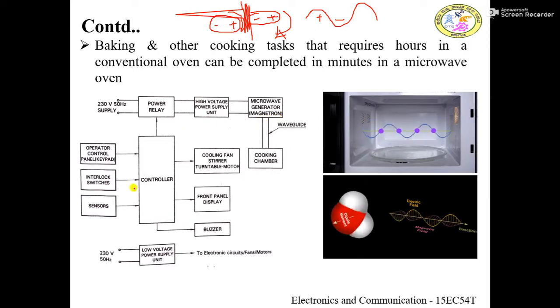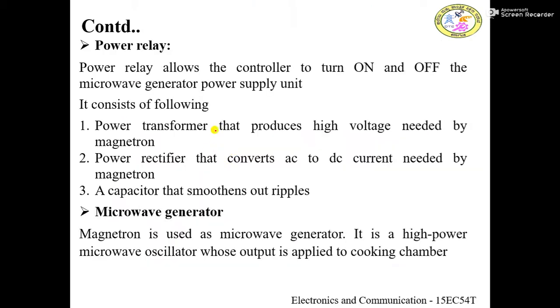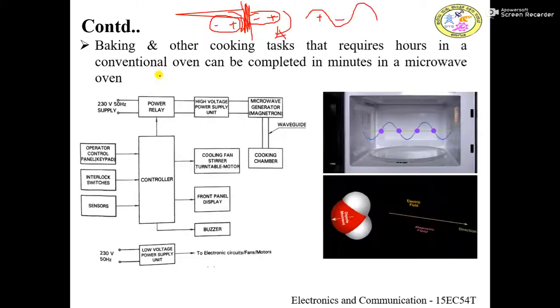As you see in the block diagram, we will discuss each of these blocks one by one. First one is the power relay. This is the unit which is responsible for turning on or turning off the microwave generator. The microwave generator is nothing but the magnetron here.